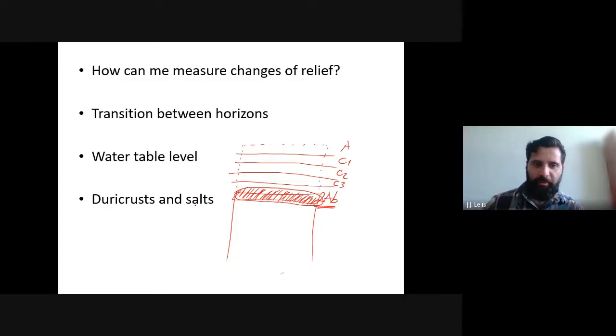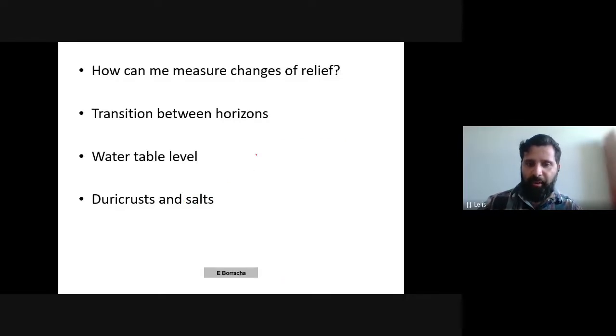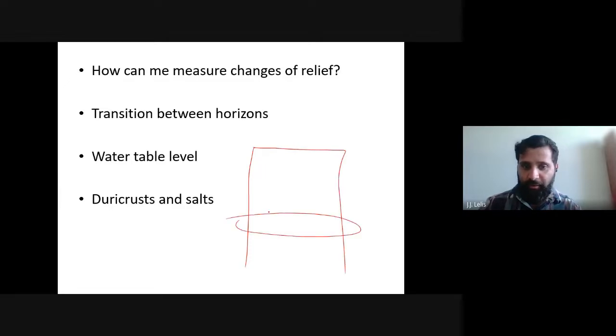Okay, so the presence of salts, they generally are abundant, the higher contents are in the surface horizon, and if you can see a buried salty layer, this could represent, of course, not always, a buried surface horizon, okay?